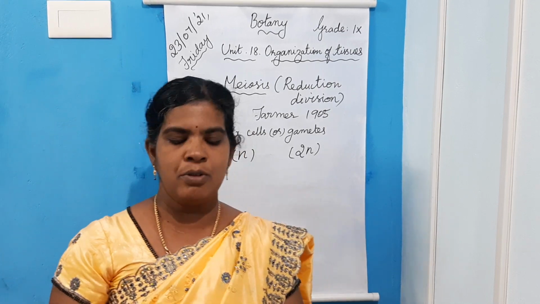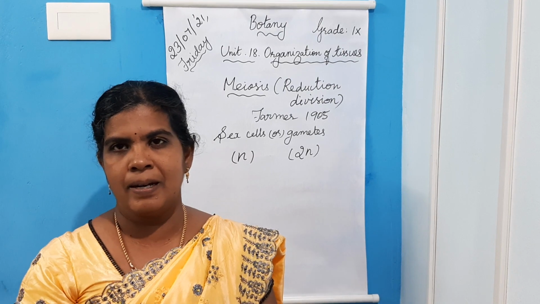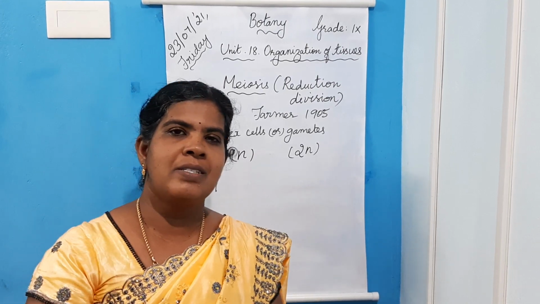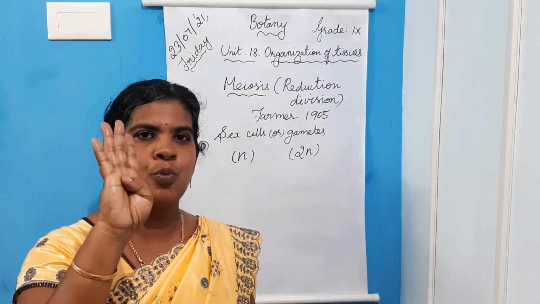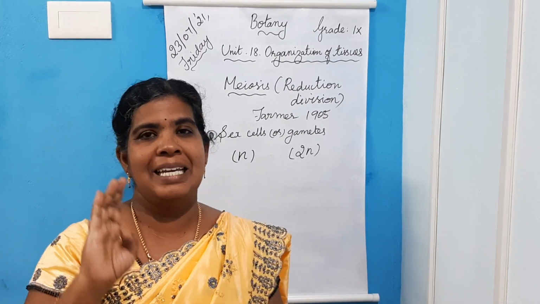Meiosis produces 4 daughter cells from a parent cell. So how many daughter cells are produced from meiosis? 4 daughter cells are formed from a parent cell.